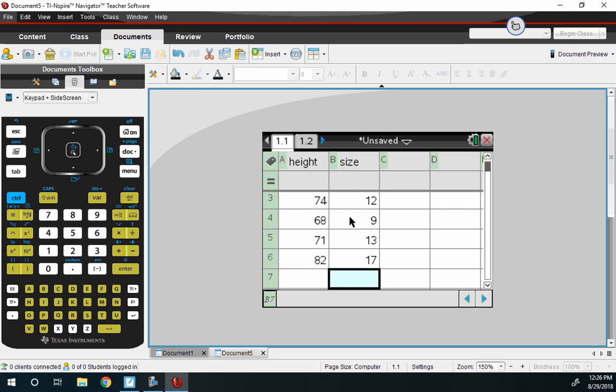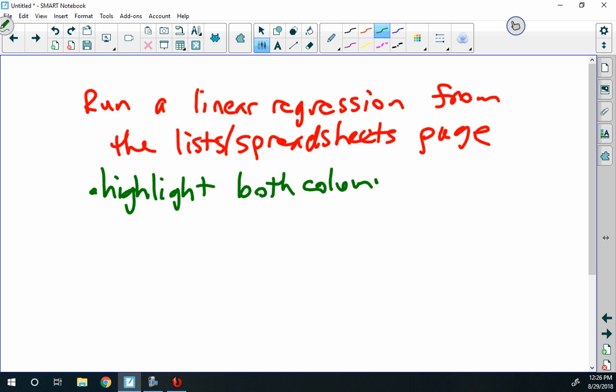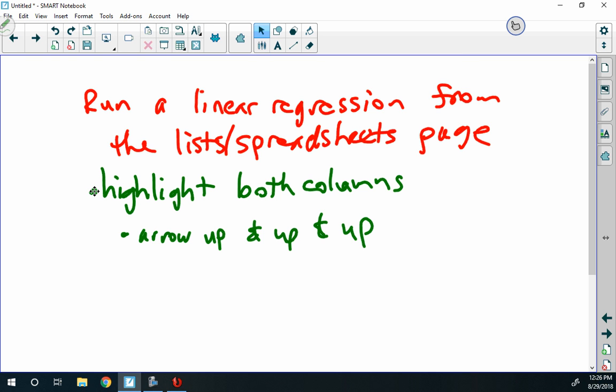But in this context, what we need to do is we need to highlight both columns. And doing that is kind of tricky. What you're going to do to highlight both columns is you're going to arrow up and up and up. You'll see in a minute.